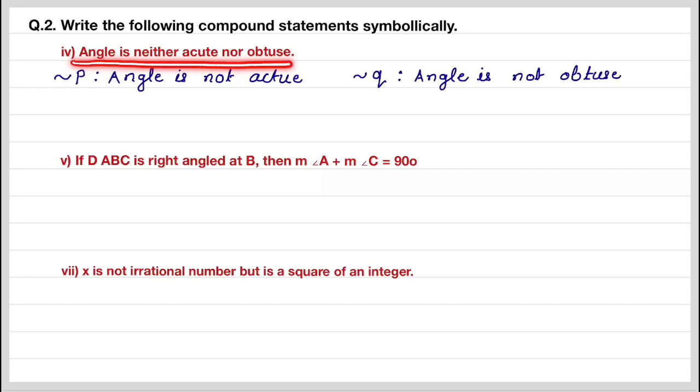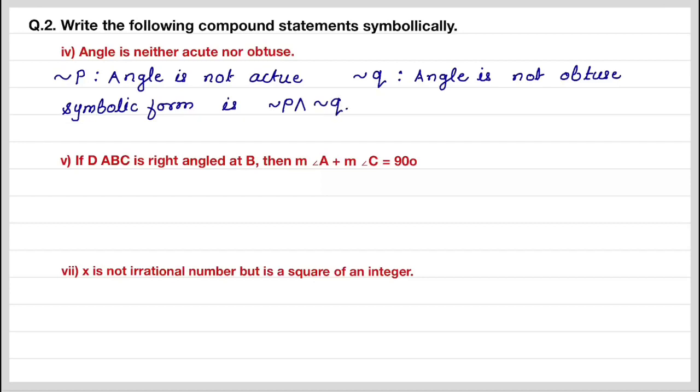Actually, this statement is of the form angle is not acute and angle is not obtuse. Therefore, symbolic form is negation of P and negation of Q. It is most important example.